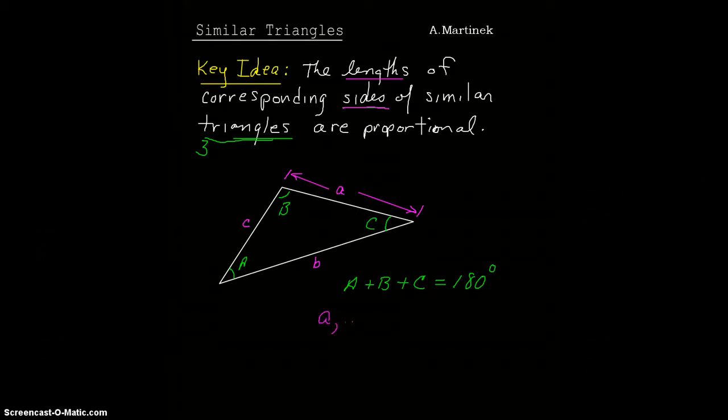So A, B, and C are distances. And we talk about the length of the side. So we've looked at 3 ideas. We looked at triangles. What are they? The idea of they have sides and that each side has a length.